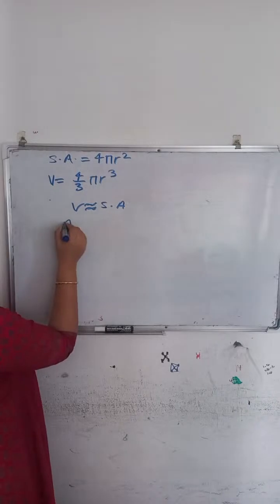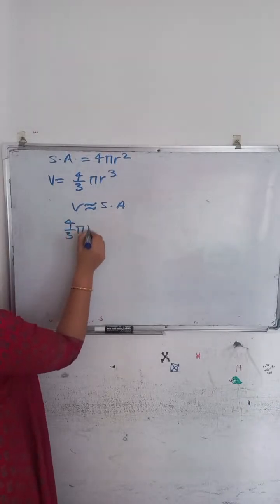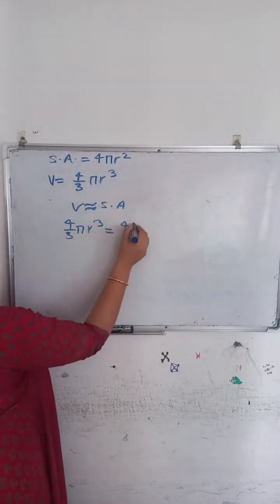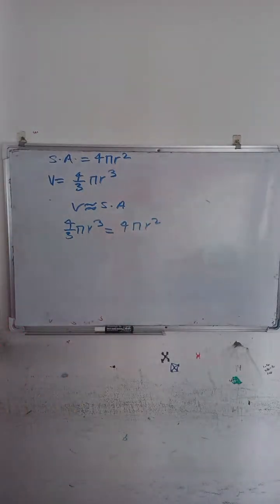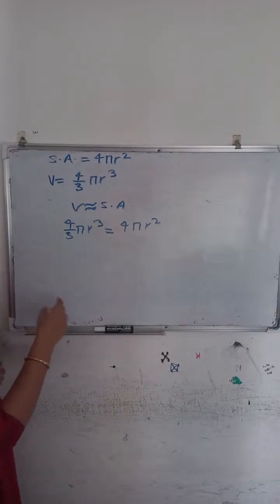So volume is 4 by 3 pi r cube equal to 4 pi r square. Don't think in the exam, oh my god, we don't have the radius or other values, how can we do it? That is what the question is, so from that we have to find out. Here volume and surface area are the same.